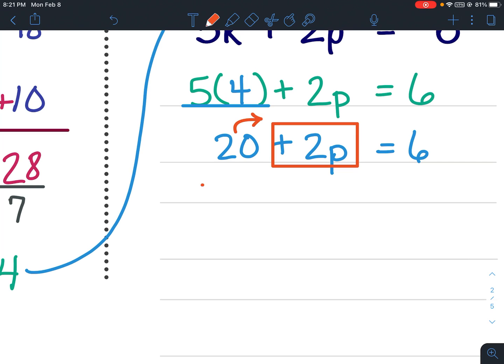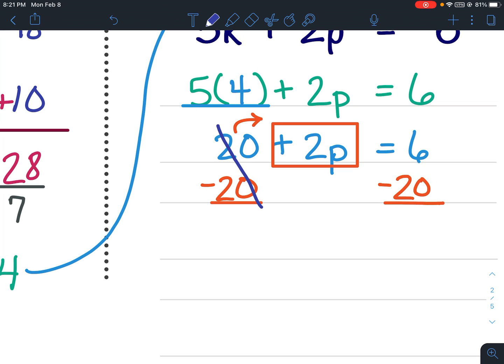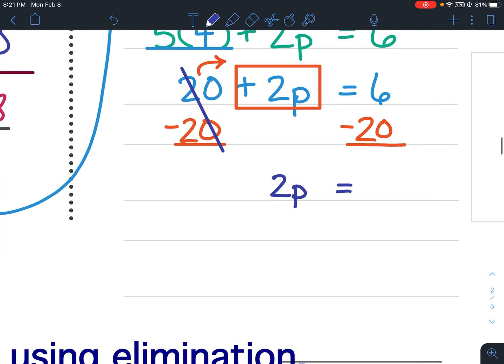The inverse would be to make it a negative 20. That allows me to cancel the 20s. Bring down the 2p equals 6 minus 20, which is negative 14.